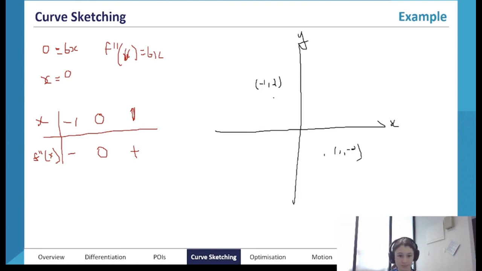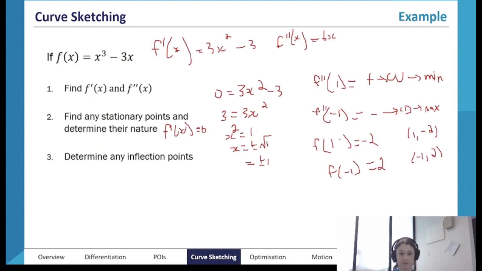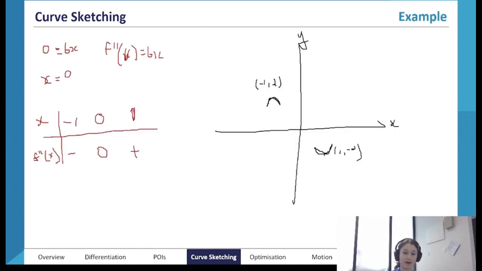Now we know that our point of inflection is going to occur at 0, and we know that the nature of our stationary points is going to be a maximum here and a minimum here, and that's what we found in the last slide. So at 1, we're going to have a minimum, and at -1, we're going to have a maximum.